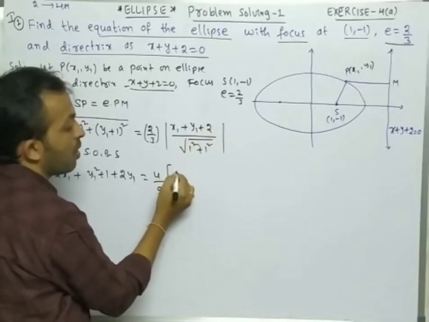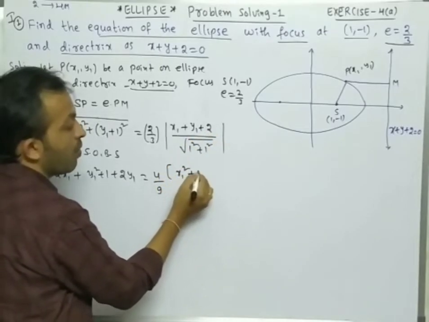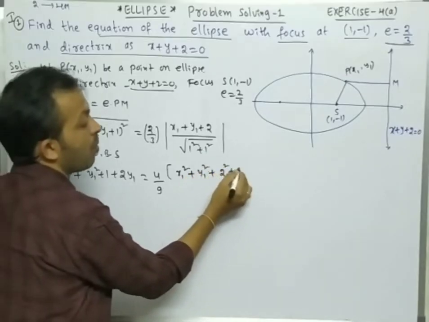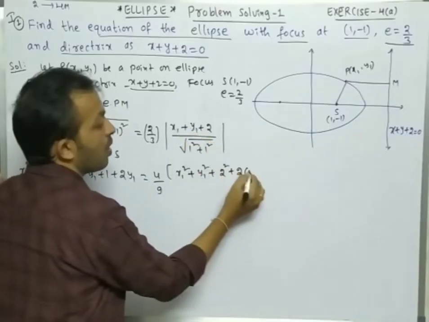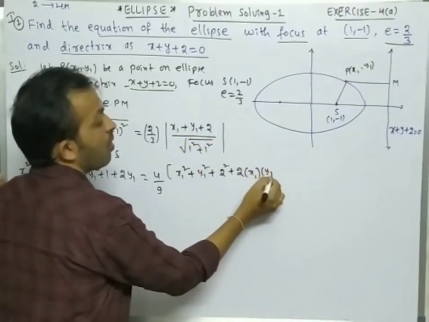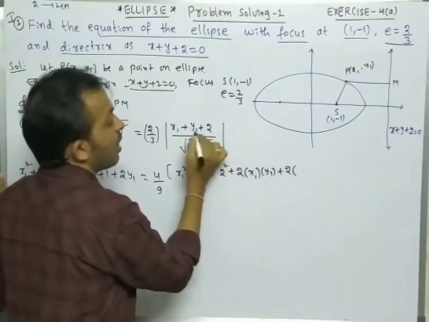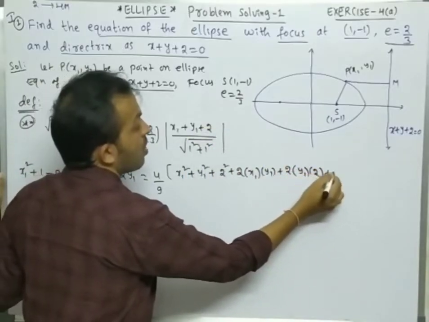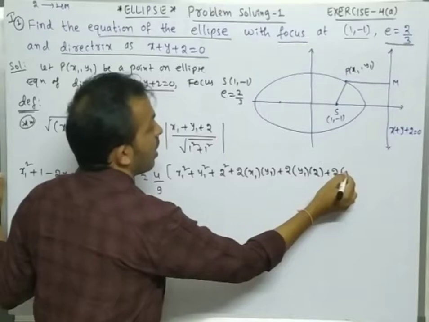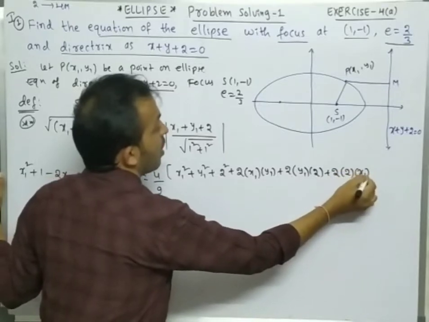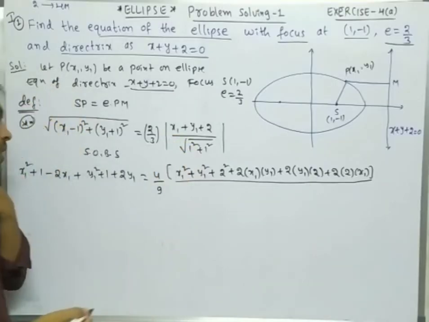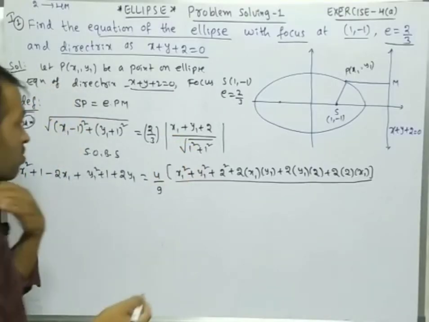What is the formula? a squared plus b squared plus c squared plus 2ab plus 2bc plus 2ca.